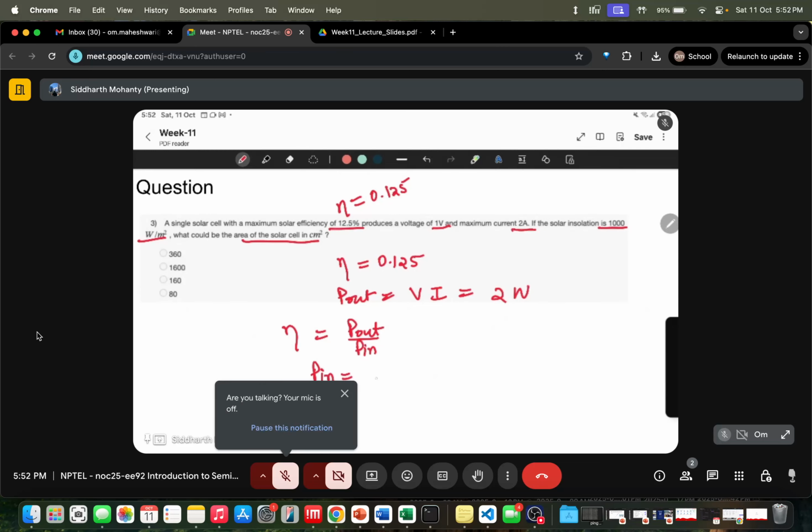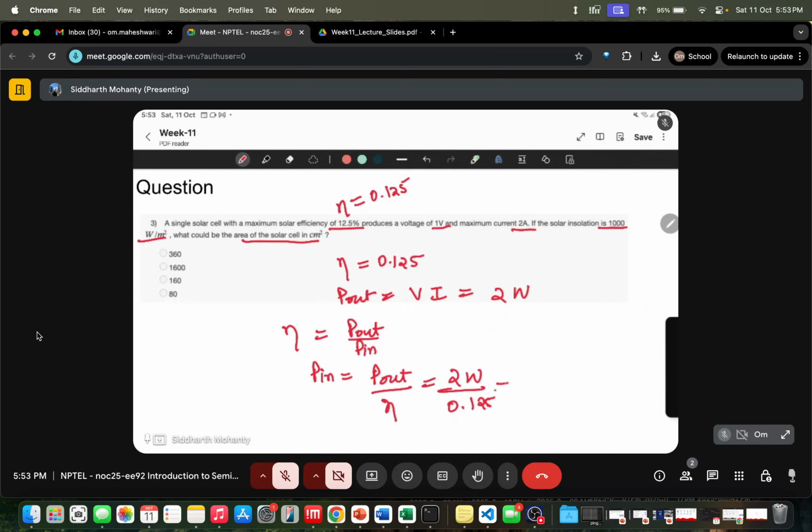So P in will be P out by theta. So this will be 2 watt by 0.125, which is 16 watt.